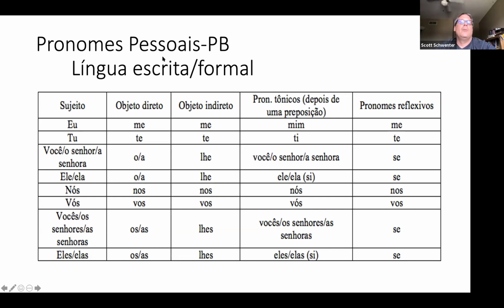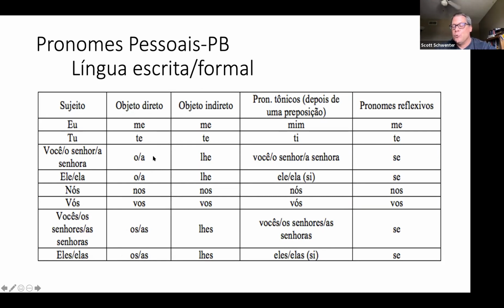So personal pronouns in Brazilian Portuguese, written, or this is written or formal language. So there are a few things to say here, such as these pronouns here, which we normally call clitic pronouns or atonic pronouns.